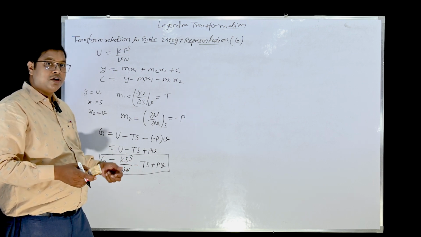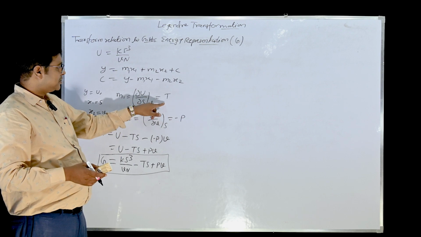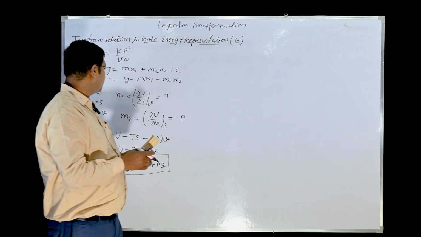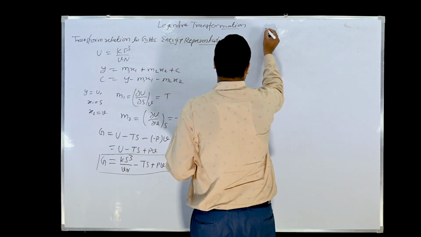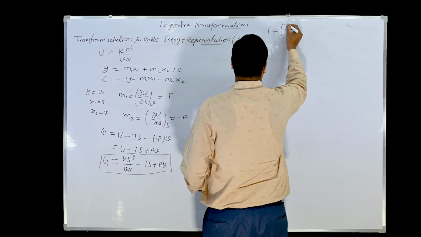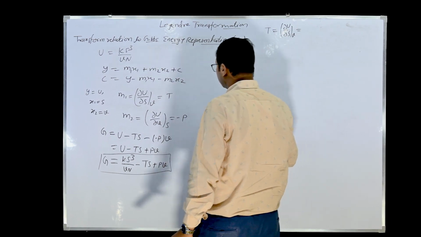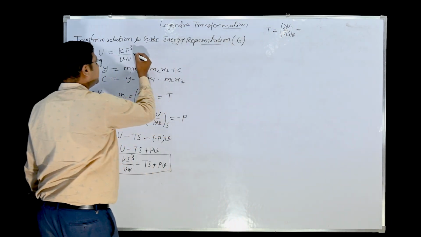So how to get the value of S and V? We will get the value of S and V from this differential term. So what to do is, we know that T is equal to dou U by dou S, V constant. So the relation for U is given here.